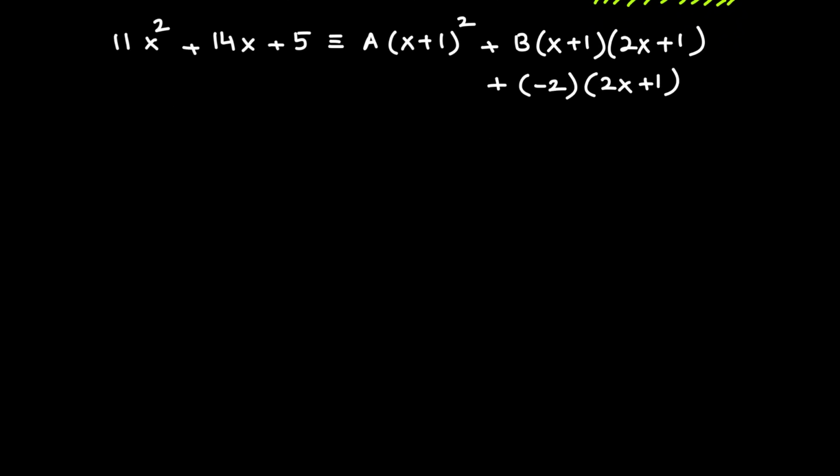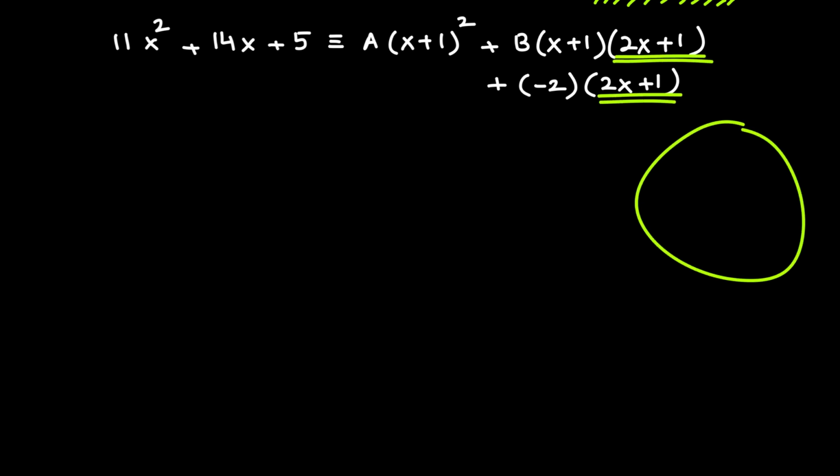Let's see which one is more appropriate. Now, I can see the bracket 2x plus 1. In other words, if I say 2x plus 1 equals 0, in other words, x equals -half. That means the brackets with b will make b disappear. C will also disappear. This one was c. And what will I find? I'll find the value of a.